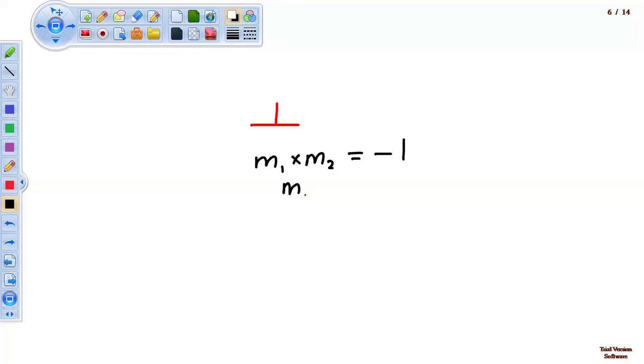So that means slope of the second line can be negative 1 upon slope of the first line. This is what we call negative reciprocal. It's going to be the reciprocal but with a negative sign. So that's how we can find the slope of any line that is parallel to a given line or perpendicular to a given line. Now let's try some questions.